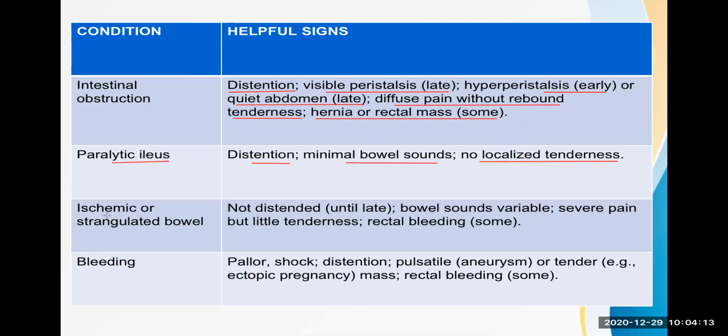If the intestine has developed ischemia, or if there is a strangulated bowel, which is usually caused by strangulated hernia or volvulus, those types of causes, then it is not distended until late. The bowel sounds are variable. In the beginning, they may be present, but later on, they're definitely absent. There is severe pain, but little tenderness.